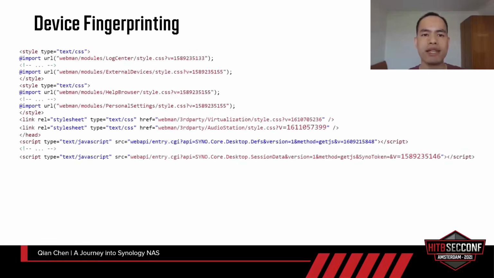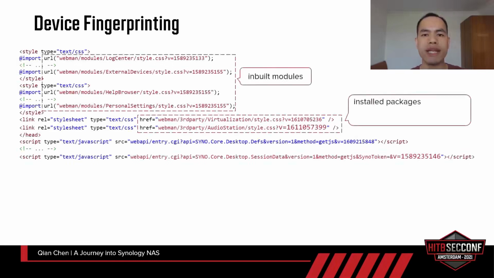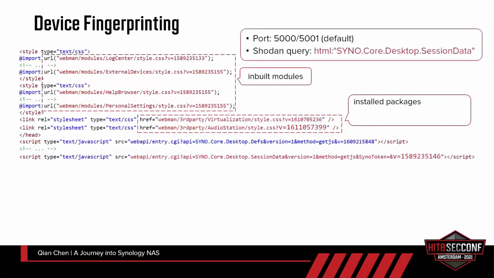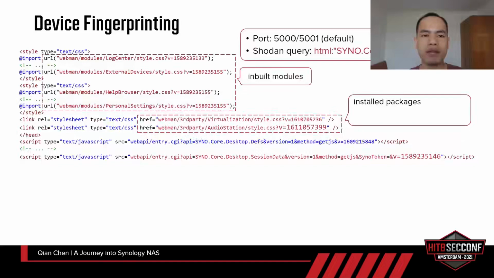As we can see, there are some CSS references indicating which built-in modules and third-party packages are available. In addition to that, there are some unique script links for Synology NAS. With this information, we can build a more precise query to use with Shodan or something similar.